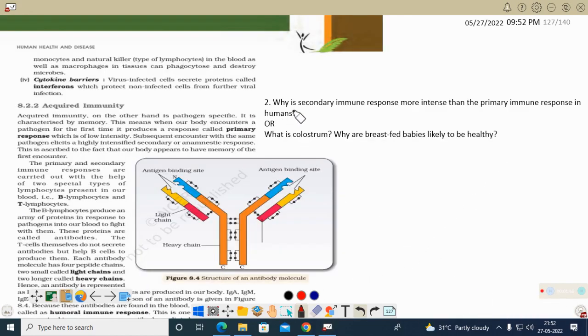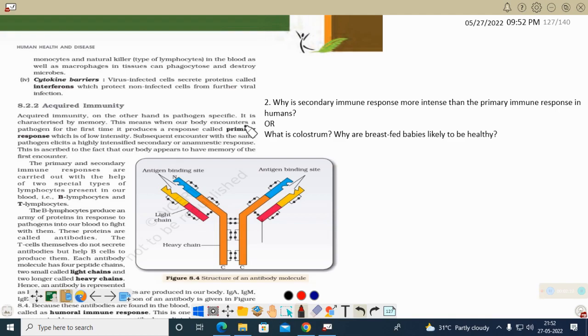The second question, a 2 marks question from the same question paper, is asked with one choice. Okay, here all the choices are given internally, so one question with its choice. Why is the secondary immune response more intense than the primary immune response in humans? The question is why the secondary immune response is stronger compared to the primary immune response. So first we have to see what the primary immune response is.